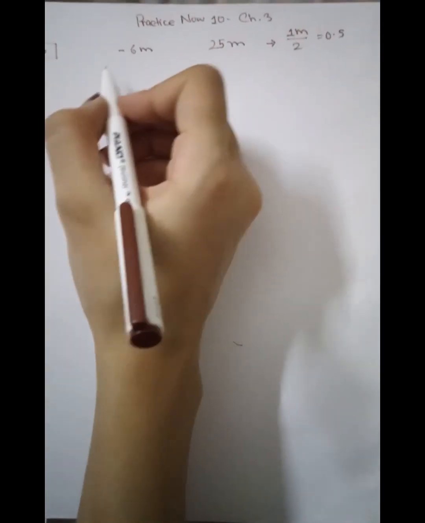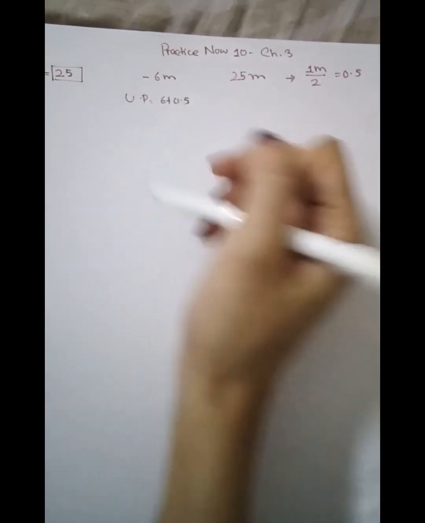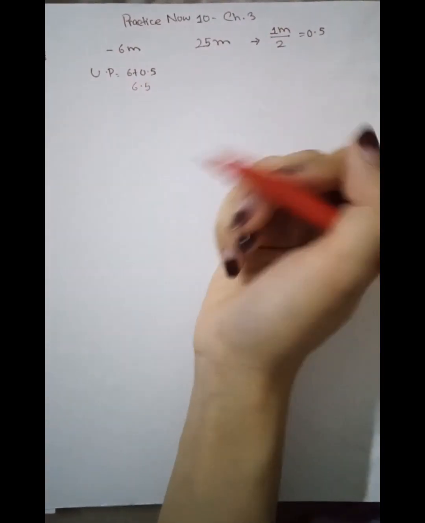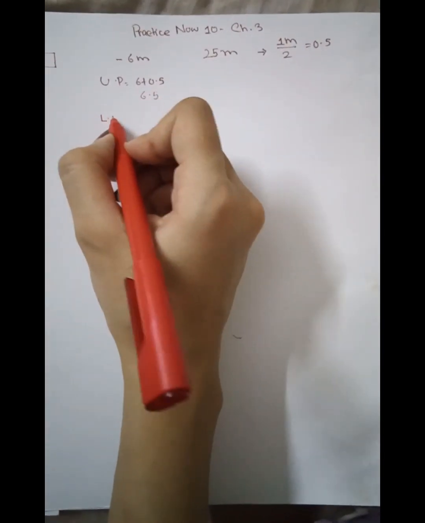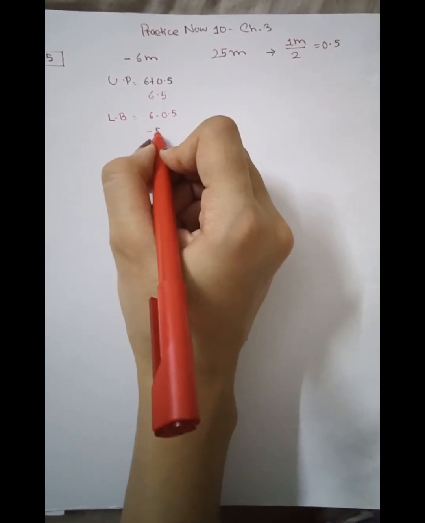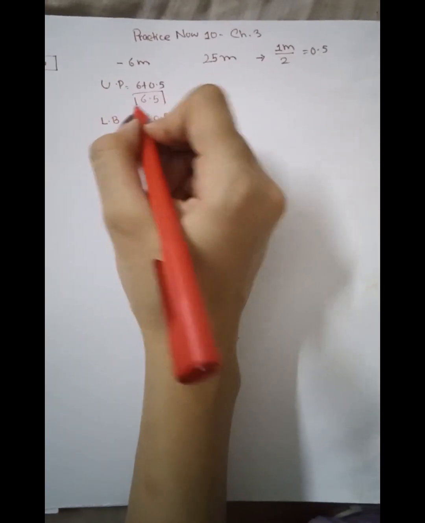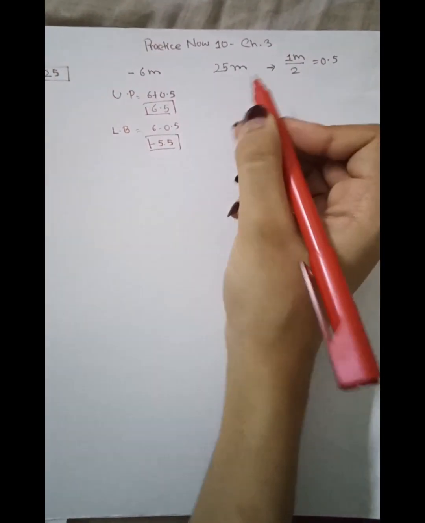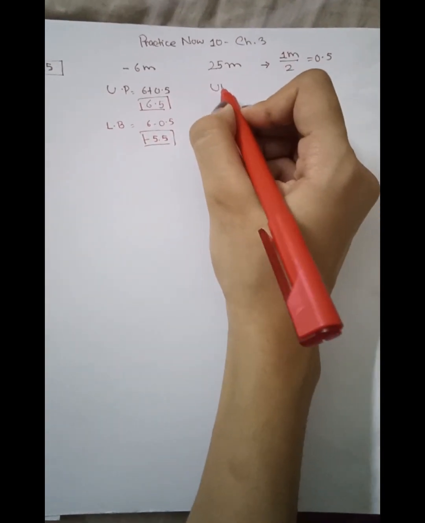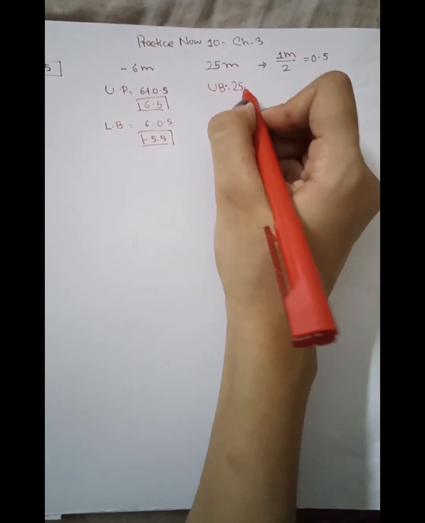For upper bound, I'll add 6 plus 0.5 to get 6.5. And for lower bound, it's 6 minus 0.5 to give me 5.5. Similarly for 25, it's going to be 25 plus 0.5, which gives me 25.5.